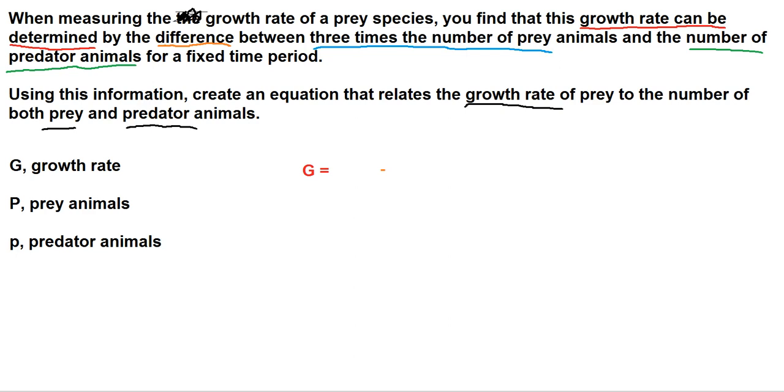So what we're told next, in blue here, is that we're taking the difference between 3 times the number of prey animals, so 3 capital P, because P is the number of prey animals, and the number of predator animals, which we've had for lowercase p. So everything that's written here in words is actually telling us how we can construct the equation that we're going to need. And for this equation, if we wanted to write it all out at once, we'd say G is 3P minus little p.